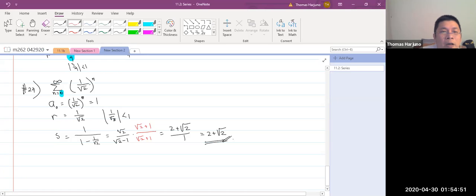But the best way to really see it, maybe you do the first couple of terms. The first term is 1, right? What is the second term? 1 over radical 2, plus 1 over radical 2 squared, plus 1 over radical 2 cubed, and so on.